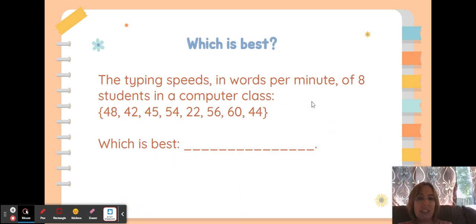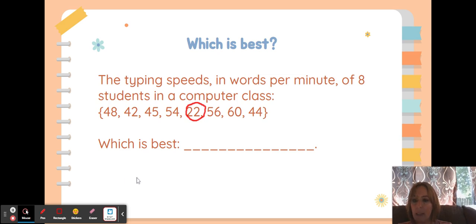Let's try this. Let's look here and see. Does this one have an outlier? Huh, there's really not an outlier because 40, oh, wait, I missed it. There is an outlier. And remember when we said there's an outlier? Okay, I'm going to go back a slide for you, see if I can do it.